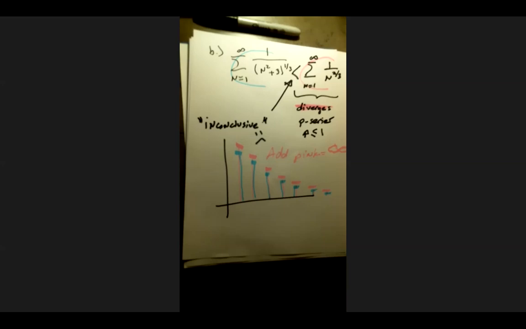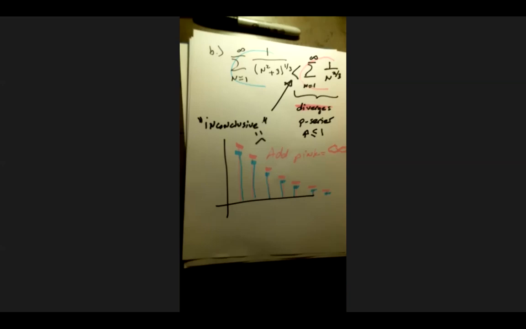I guess, like, how can we tell if it's just inconclusive or if we were maybe comparing it to the wrong thing? Well, usually you're comparing to the right thing because the two series look pretty similar to each other.